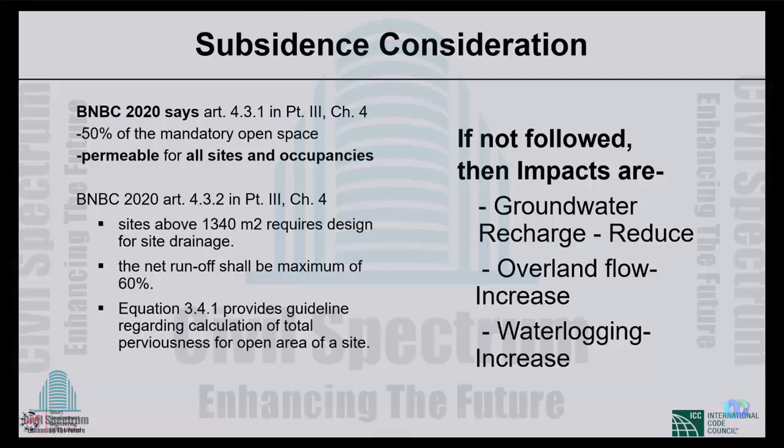That means overland flow will increase, flooding will increase. So keep the open space a minimum 50%. If I were president, I could say 70%. Okay, but we are in a crisis of land and we have a pressure from population. This is the best that has been decided by our policymakers that we should do.